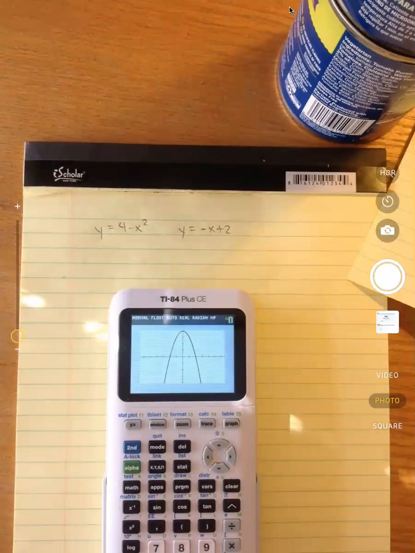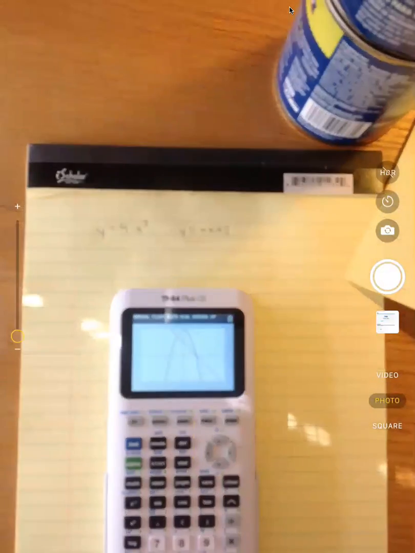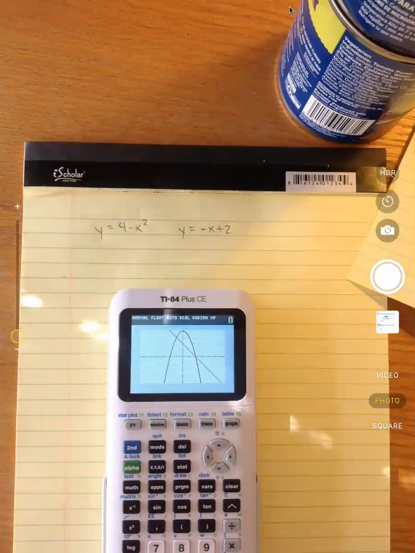There's the quadratic. There is the linear. Should there have been more than 2 intersection points? Let me just check here quick.